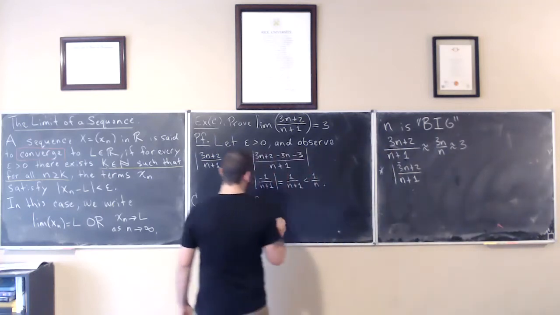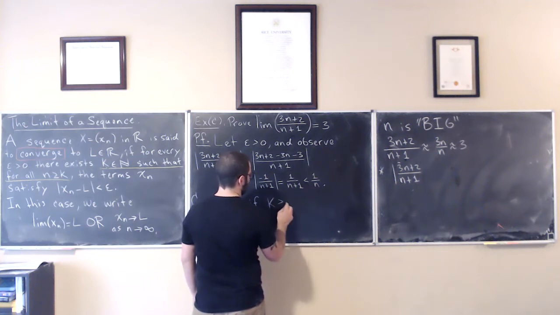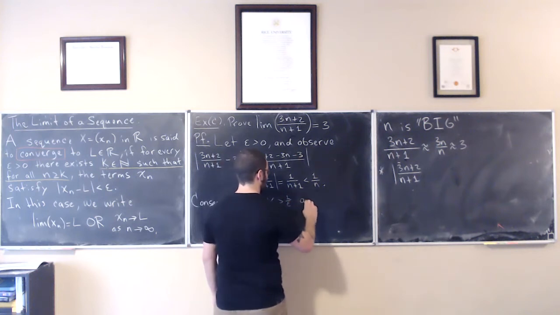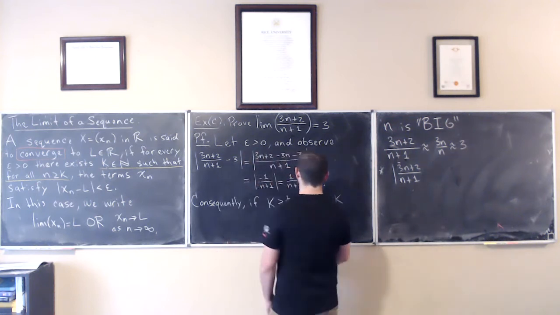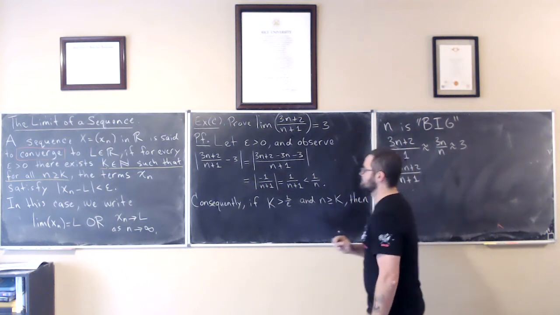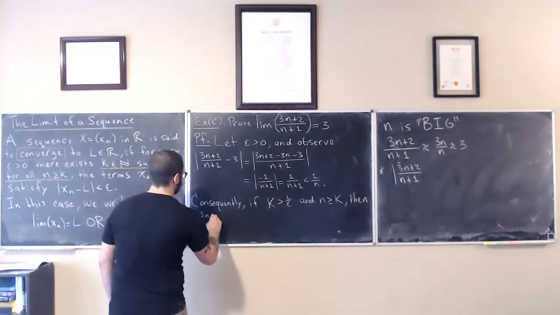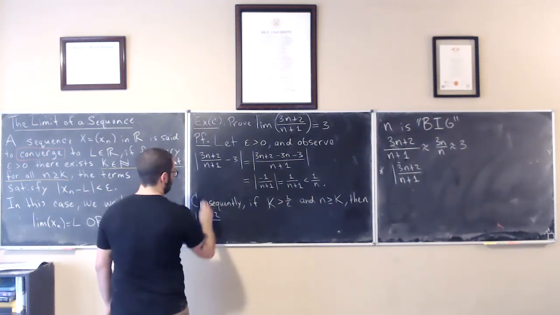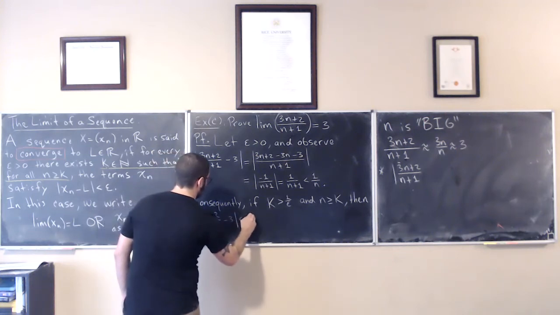So if k is greater than 1 over epsilon, and n is greater than or equal to k, then this distance here is less than epsilon.